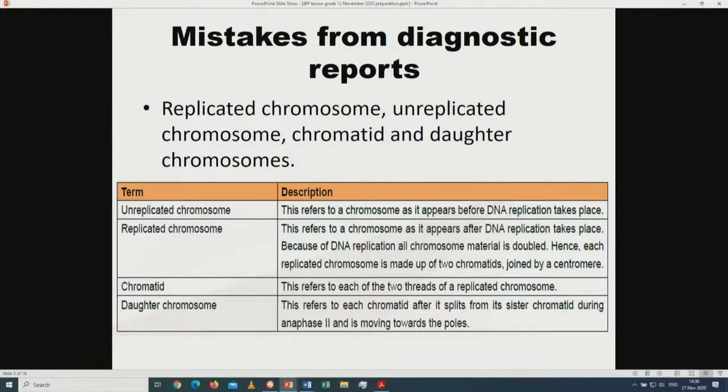One of the mistakes also done is confusing an unreplicated chromosome, a chromosome that has undergone replication, a chromatid and a daughter chromosome.